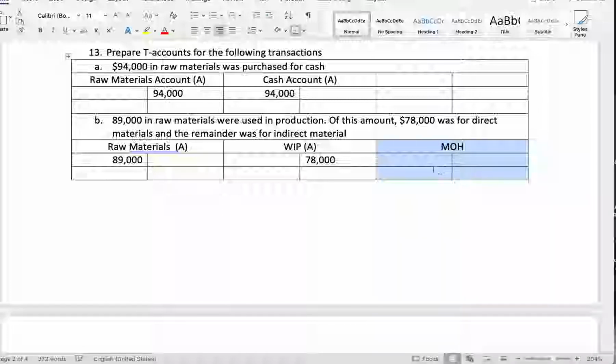So we need to debit manufacturing overhead for the difference, and that's 11,000. Since the left side of manufacturing overhead is what was actually incurred, we actually used $11,000 of indirect material. So that's the journal entry and T account form for B.